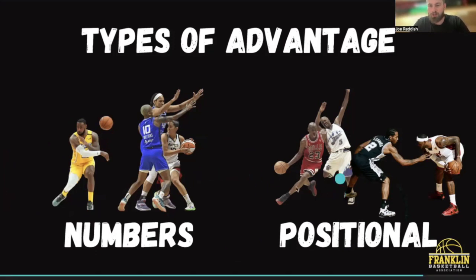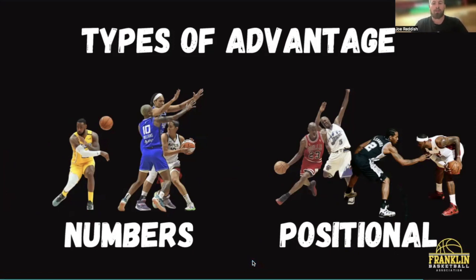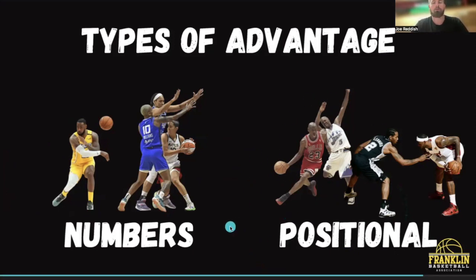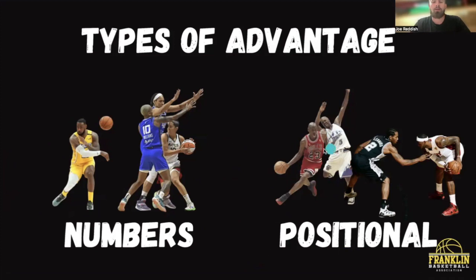Now, positional advantage. Again, we can describe this both offensively and defensively. We already talked about Michael Jordan over here, but this is one of the biggest advantages that can exist 1v1 in a positional sense. He's just driven the basketball and now he's shoulder to chest or shoulder to hip. He's beating his player. So that's an example of a positional advantage.